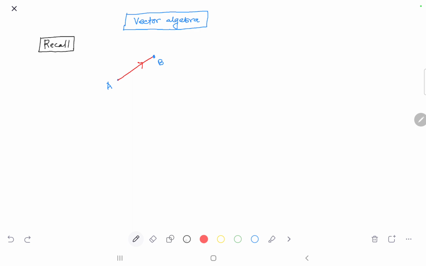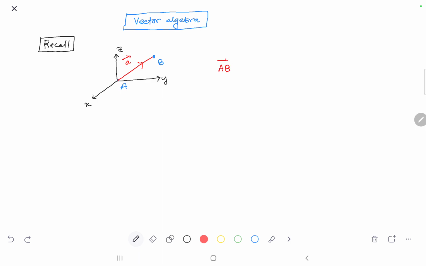Now once we consider a coordinate system where the vector appears, x axis, y axis and z axis, if the vector is in three dimensions, this point is A. Then this vector we call the AB vector.